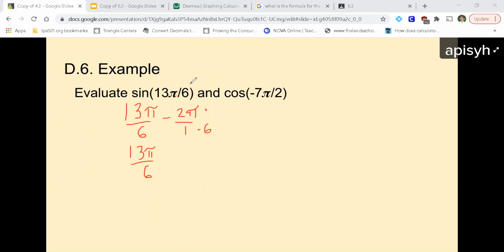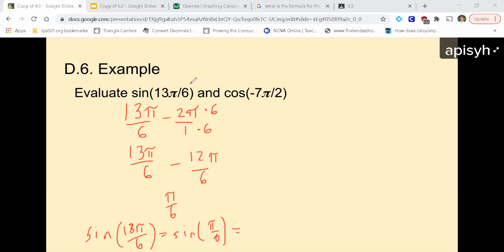Get a common denominator. Gives us pi over 6. So the sine of 13 pi over 6 is the same as the sine of pi over 6, which according to our unit circle has a y value of 1/2.